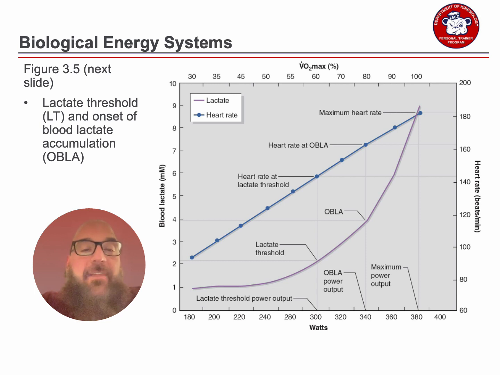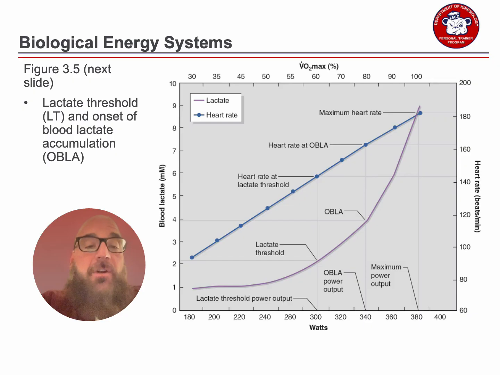Lactate is in purple, and you're going to see this breach for this particular person. It's their max heart rate, their lactate threshold, right around where those two lines cross is the onset of blood lactate accumulation. Actually, sorry, it's below that. But at that point, if you keep going, you're going to breach that.